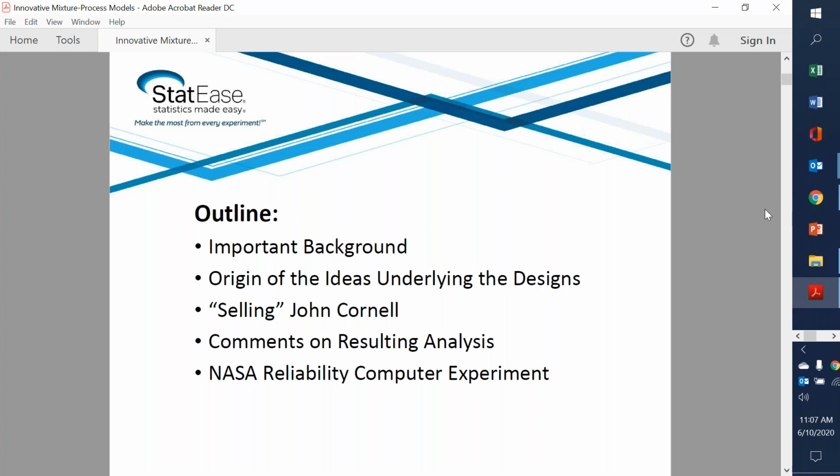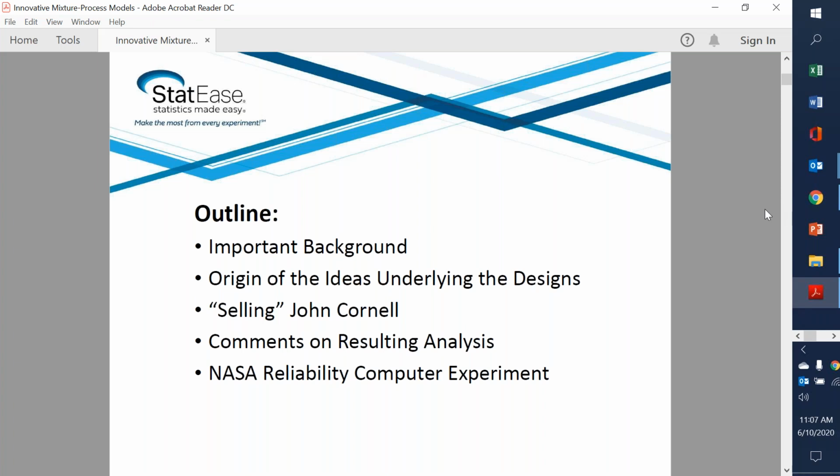It's a recent one that I've been doing with a project at NASA in terms of reliability. So it's a computer experiment. It's an actual KCV design, an actual KCV analysis. I can't go into the details about what the response or what the actual factors are in the experiment, but it's nice to be able to see how this all works and to illustrate it.